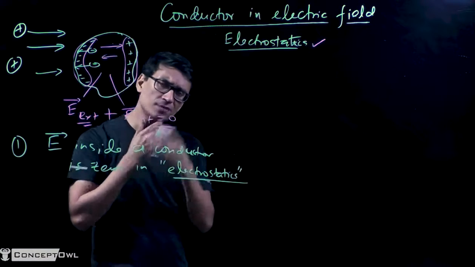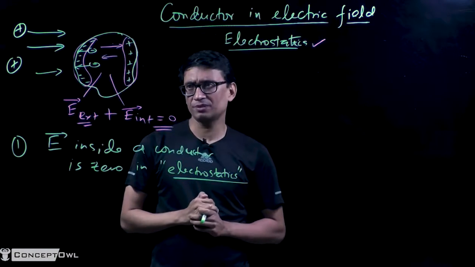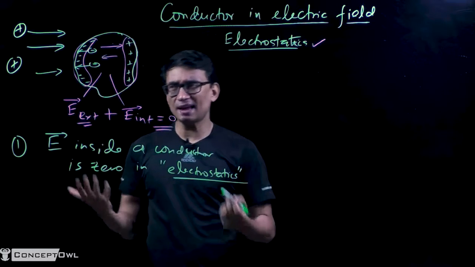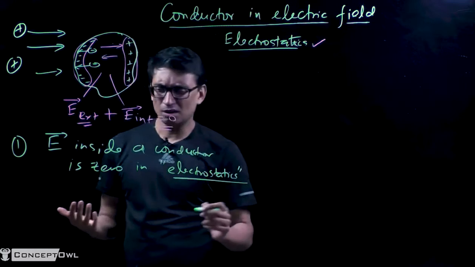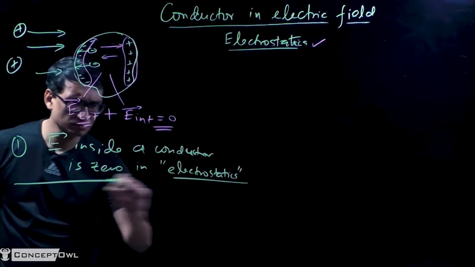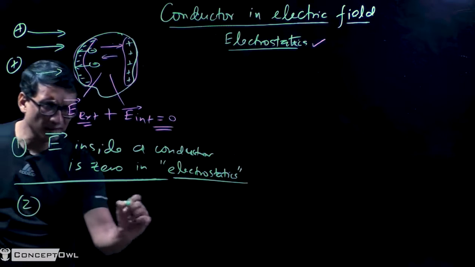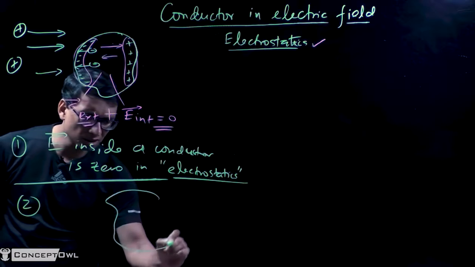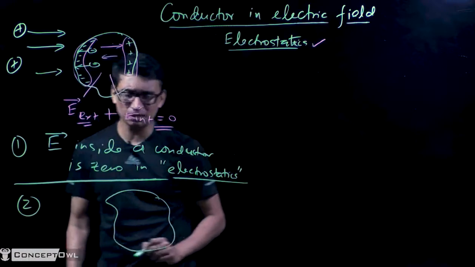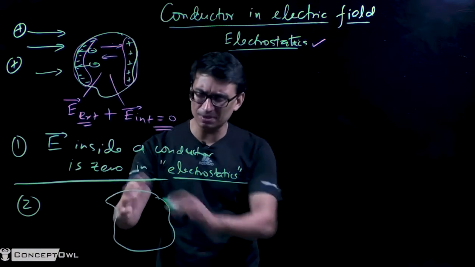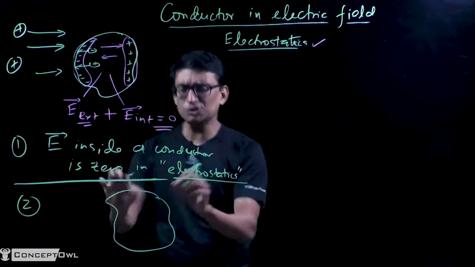Now, the second observation, let me pose to you as a question. Let's say I have again a metallic conductor, in this case a piece of metal, and I put some charge on it.